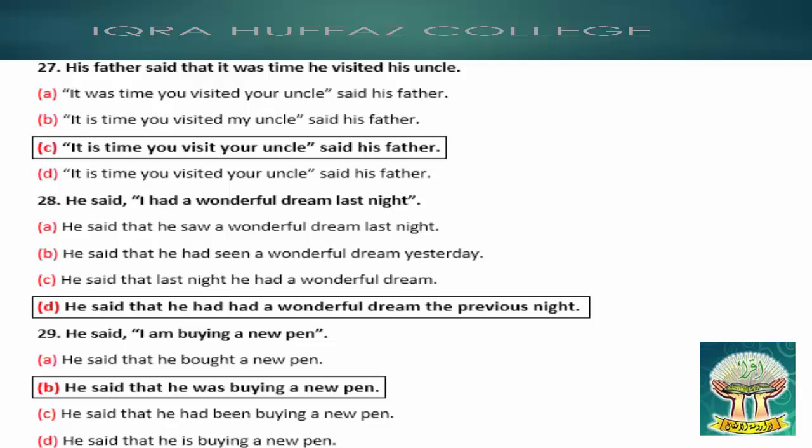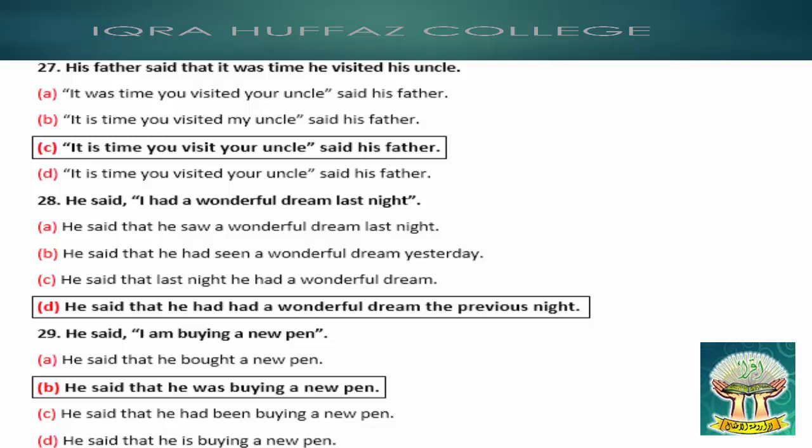Option number D is the correct option. He said that he had had a wonderful dream the previous night. You can see I had comes to he had, which means past simple goes to past perfect, and last night changes into previous night.